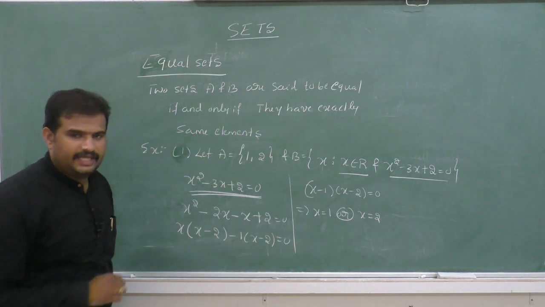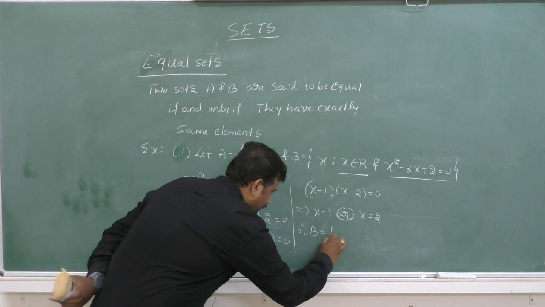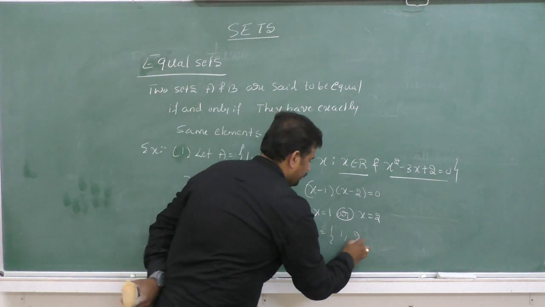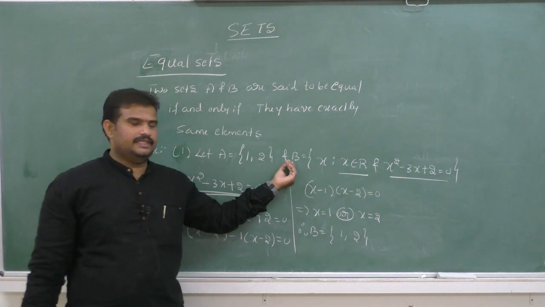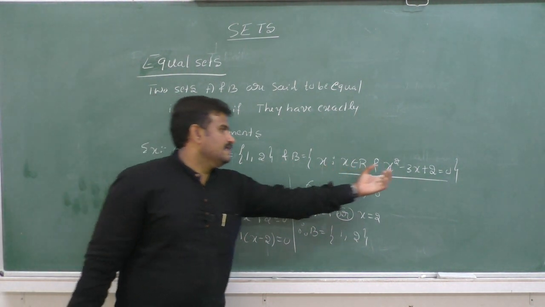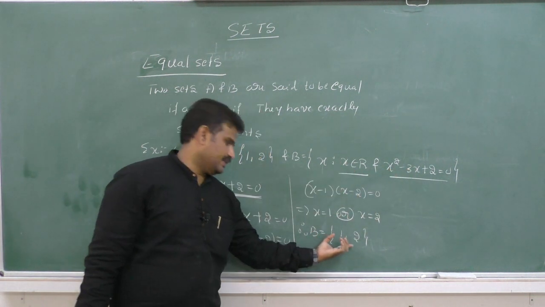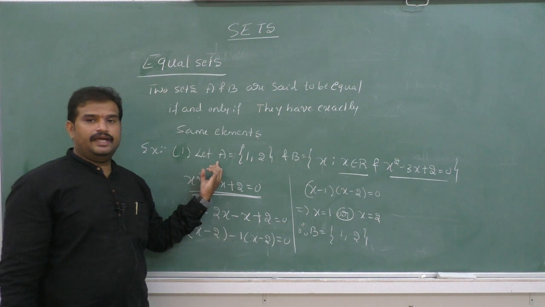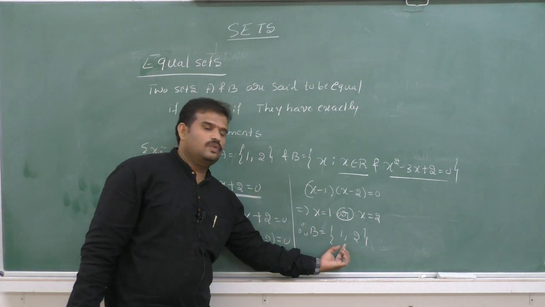Agar elements of B ಏನಾಗುತ್ತೆ ಮಕ್ಕಳೇ? Therefore, elements of B are 1 comma 2 only. So, actually ಏನು ಹೇಳಿದ್ದು? What is B given? Set of all real numbers satisfying this equation. What are the real numbers satisfying this equation? 1 and 2. So, clearly A with elements 1 and 2, B is also a set with elements 1 and 2.